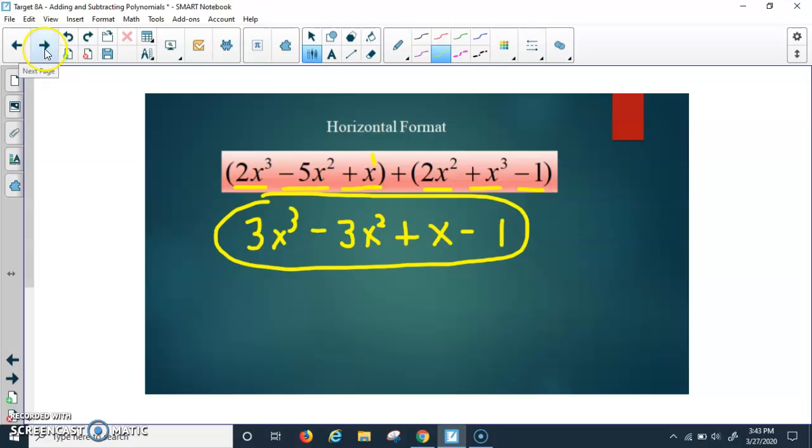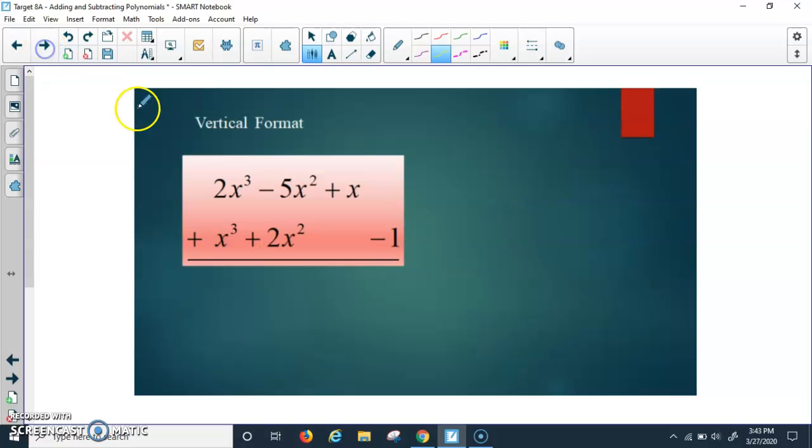Okay, now we can do this same thing but vertically. So now you've already got the like terms grouped together: your x cubes, your x squareds, your x term, and your negative 1. All you've got to do is combine them together. So 2x cubed plus 1x cubed is 3x cubed.